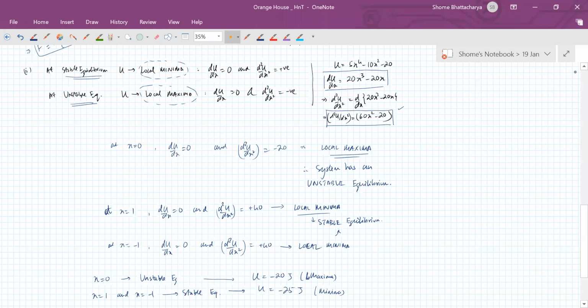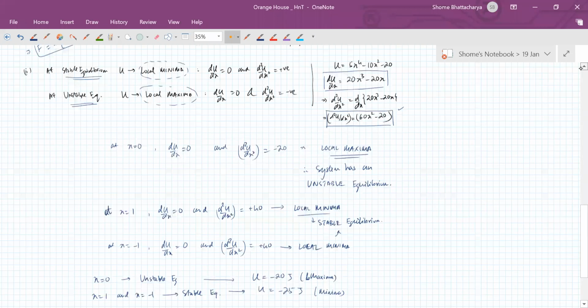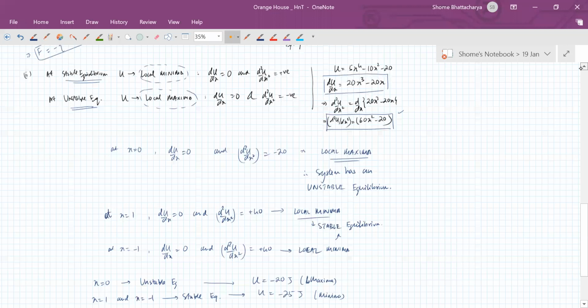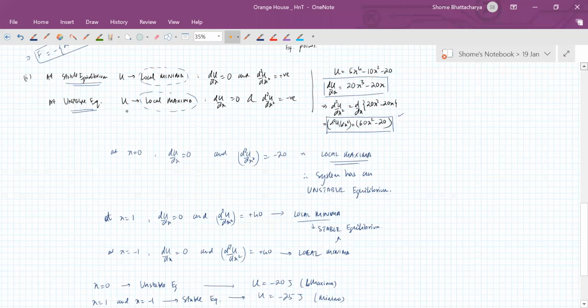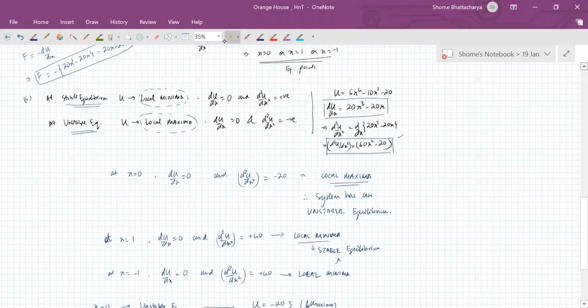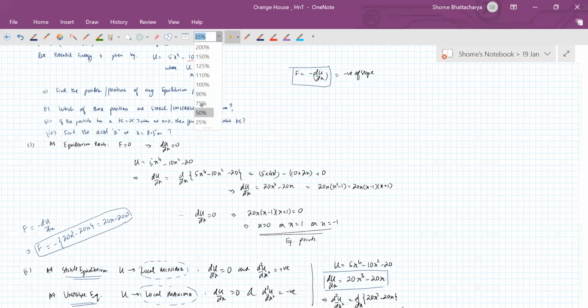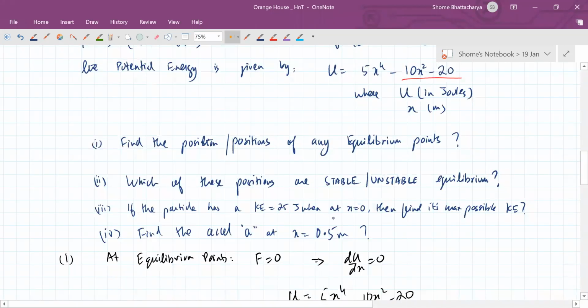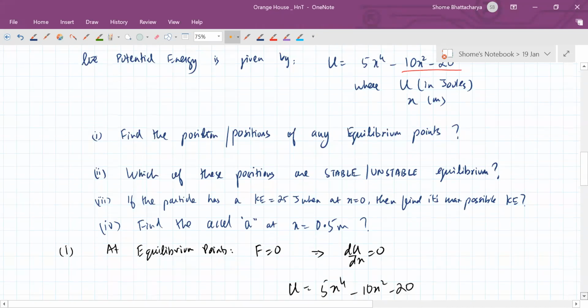Now let's come to the third part of the question. You have to find that if the kinetic energy of the particle is given to us to be 25 joules when it is at x equal to 0, then find the maximum possible kinetic energy. Okay.